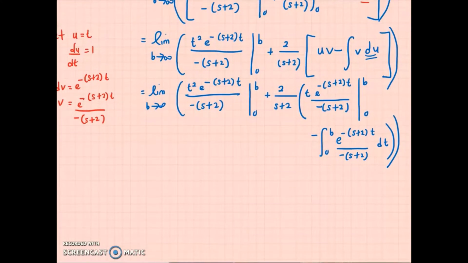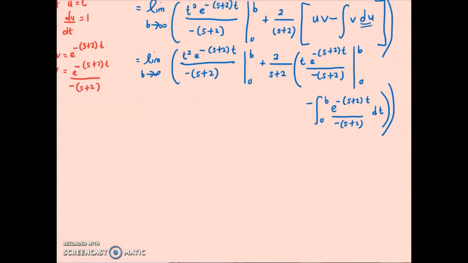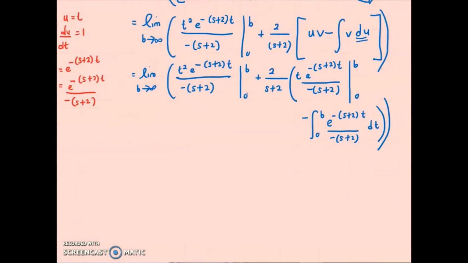Wow, that's a long work here. So I hope you're with me so far. So what we have here is the limit as b approaches infinity. So I can actually start substituting b inside. When t is b, I have b squared e^(-(s+2)b) over -(s+2). Now minus 0, but there's another minus, so it will be plus.